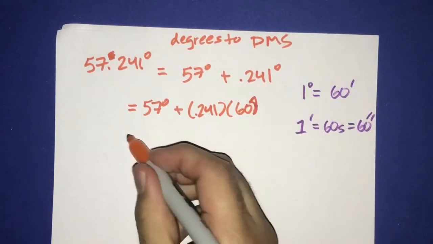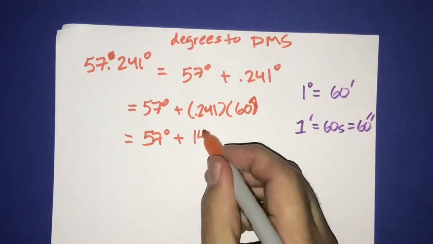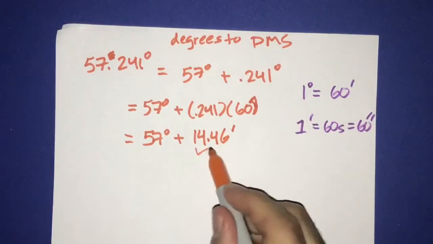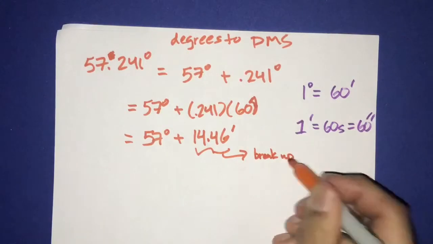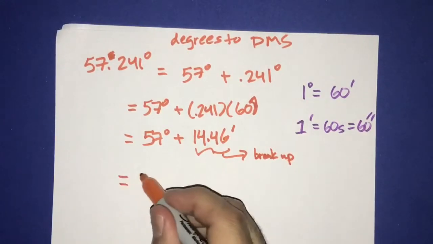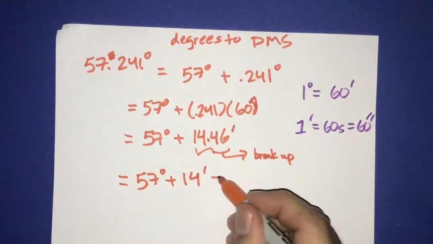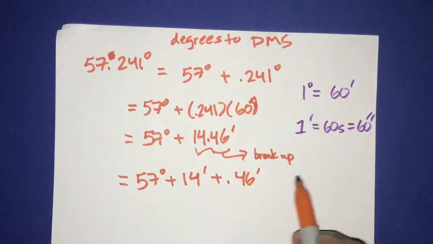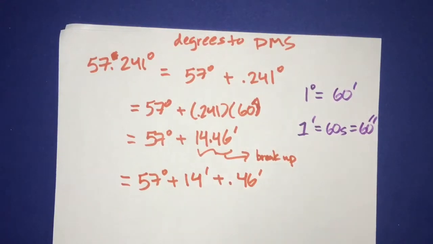Okay. So now when we plug that in, we get 57 degrees plus 14.46 minutes. Okay. So this, we're going to have to break it up. So now we get 57 degrees plus 14 minutes plus 0.46 minutes. Now we're going to use our conversion to get this from minutes to seconds.